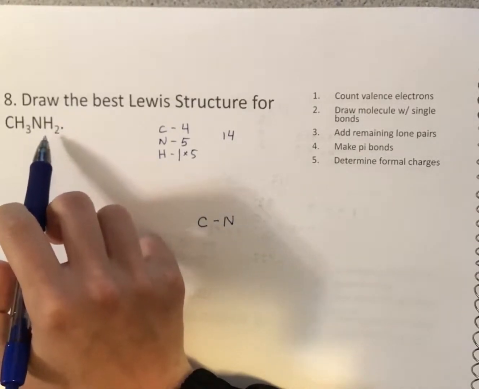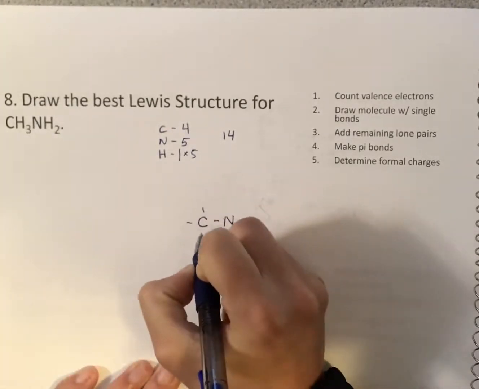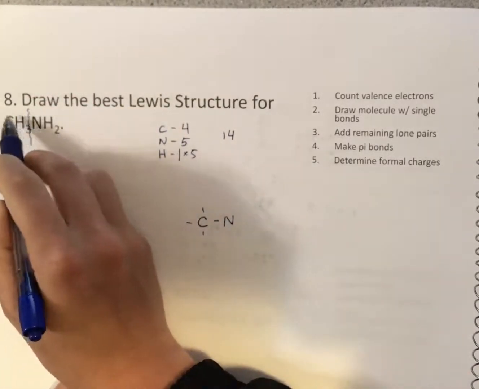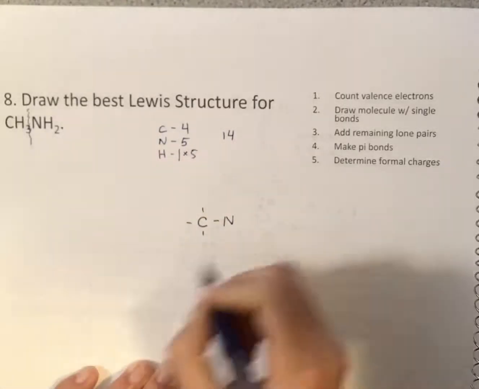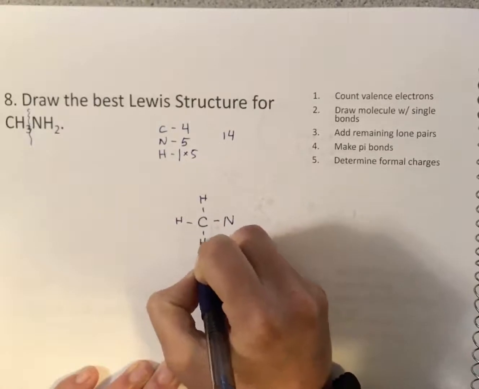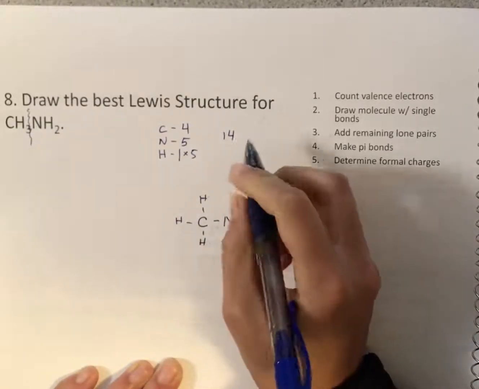That makes it seem like they want you to think of it as CH3 bonded to NH2. So if we put the 3 H's on the carbon, the other 2 go on the nitrogen.